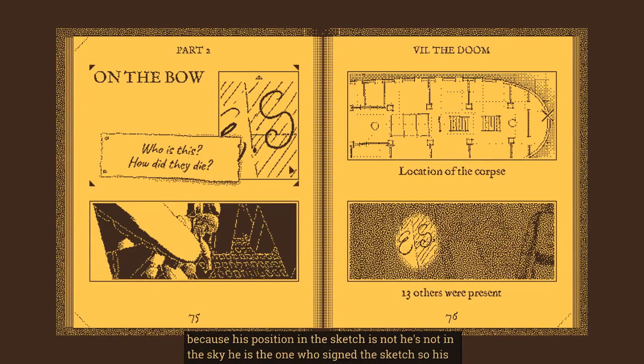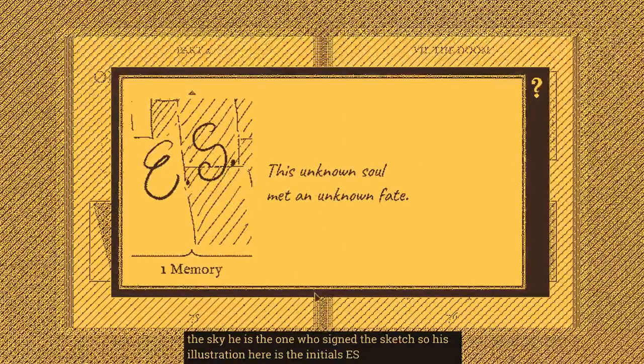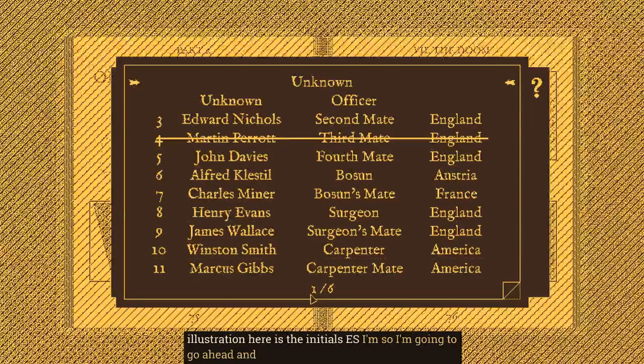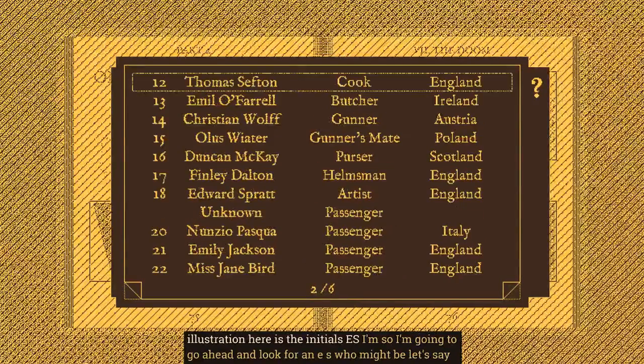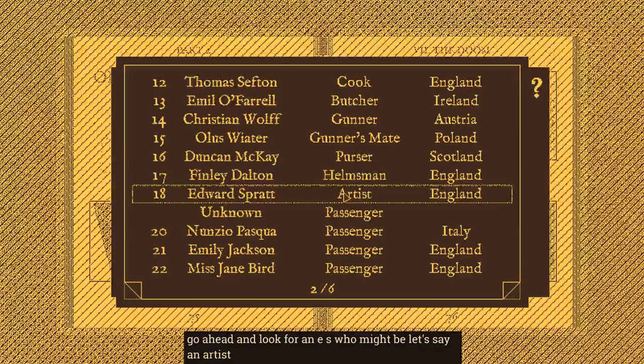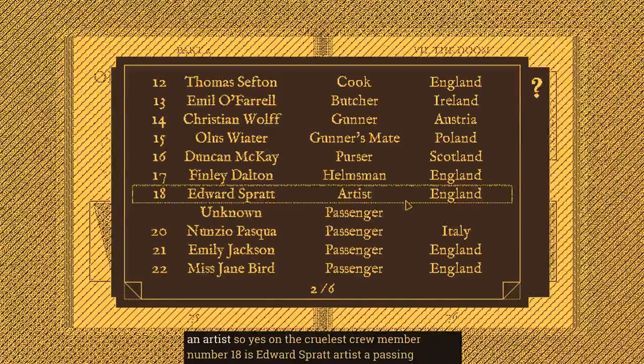So his illustration here is the initials ES. So I'm going to go ahead and look for an ES who might be, let's say, an artist. So yes, on the crew list, crew member number 18 is Edward Spratt, artist, a passenger from England.